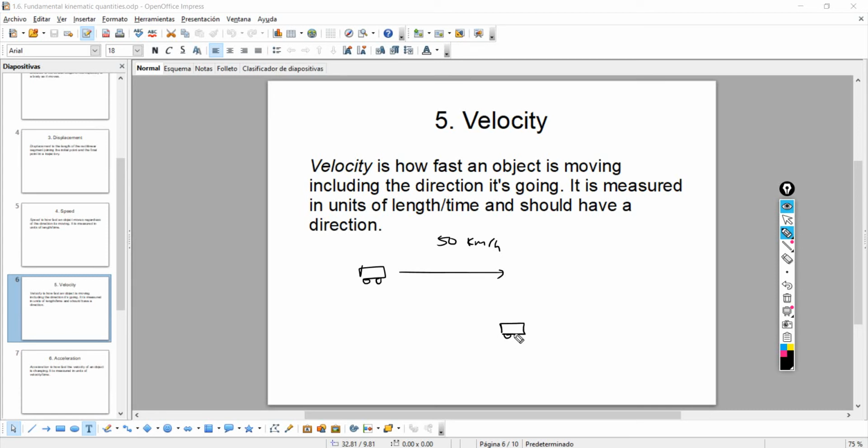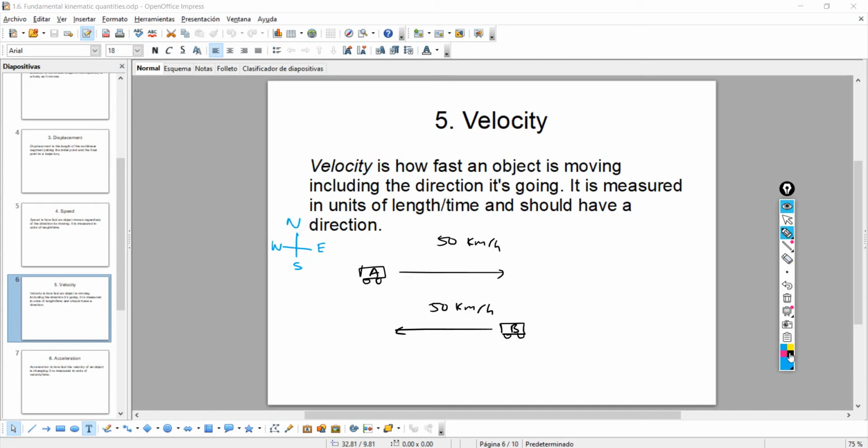And let's assume that you have this car moving in this other direction at the same speed, 50 kilometers per hour. Let's call this car A, let's call this car B, and let's draw a point of reference. This is north, this is south, this is east, and this is west.